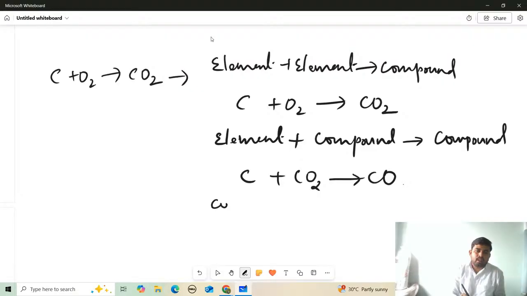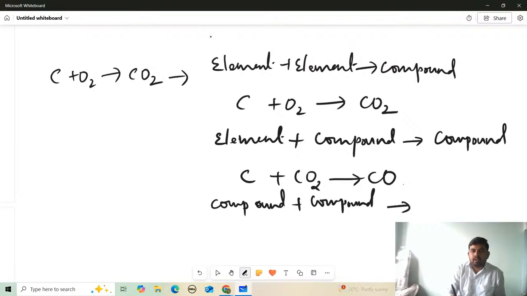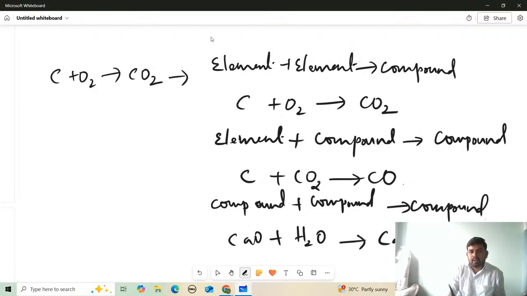Similarly, compound plus compound: a compound combined with a compound forms again a compound. For example, we can take calcium oxide plus H2O gives rise to calcium hydroxide. This is an example for a combination reaction.